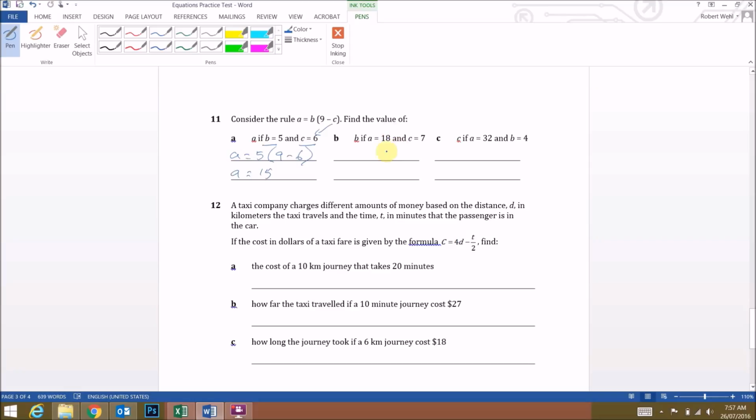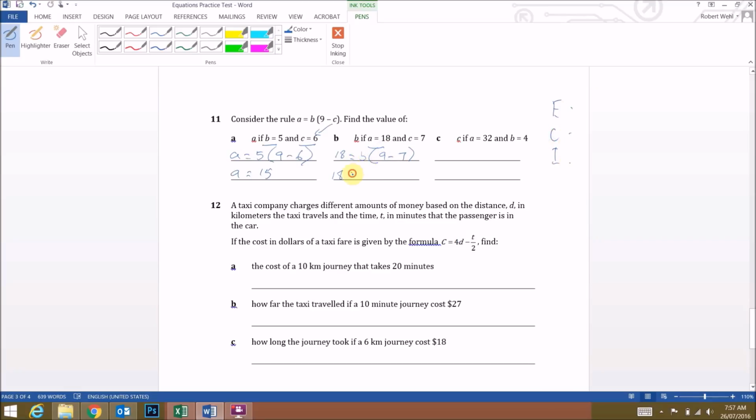Okay, so the next one here, A equals 18, B we don't know the value of, and C equals 7. So here I can work out what it is because I follow my rules. Expand, collect, isolate.